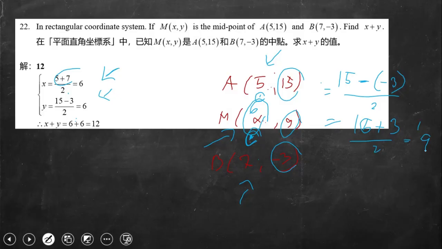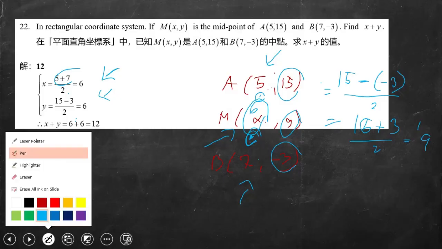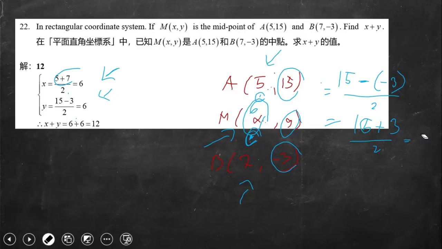Why is it like this again? 15 minus negative 3 over 2. Oh, yeah. This is the distance.